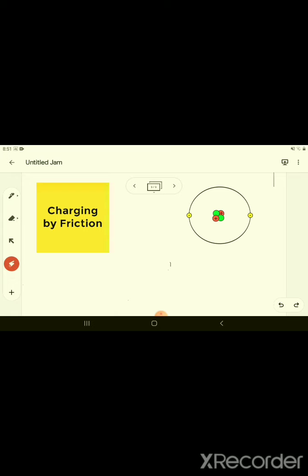Now, because the electrons are on the outer shell revolving around the nucleus, they are exposed.